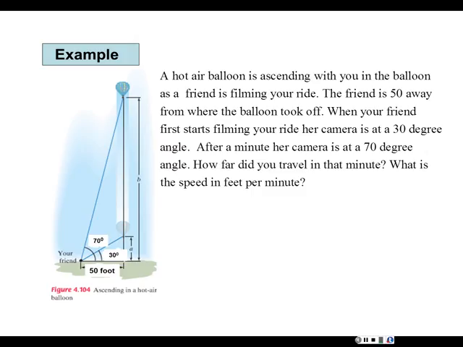So tangent 30 for the small triangle is opposite over adjacent. Here the opposite is small a, and the adjacent is 50 feet.